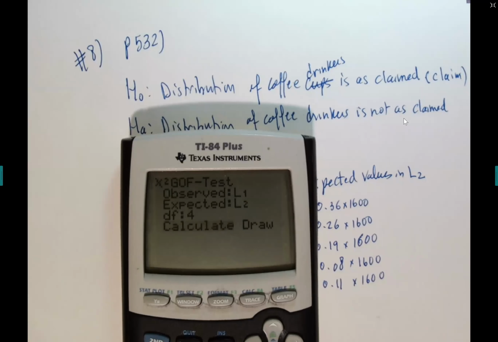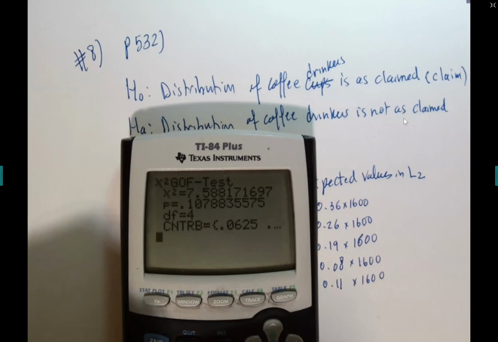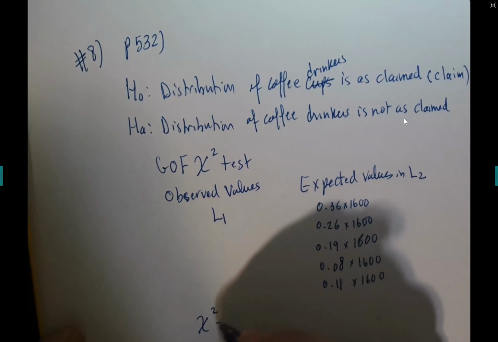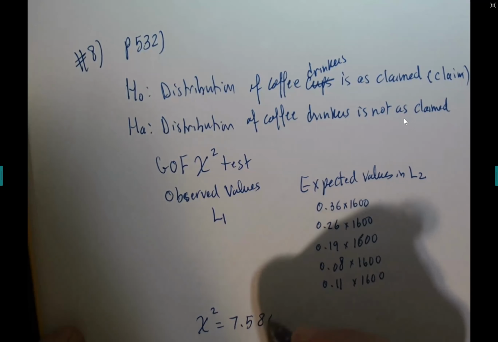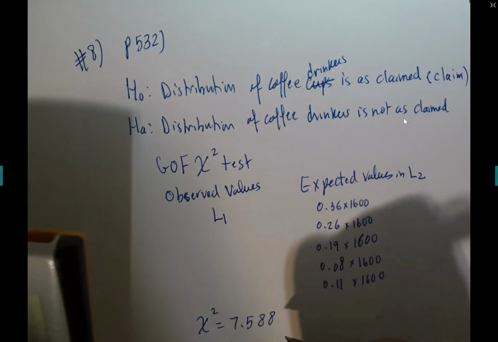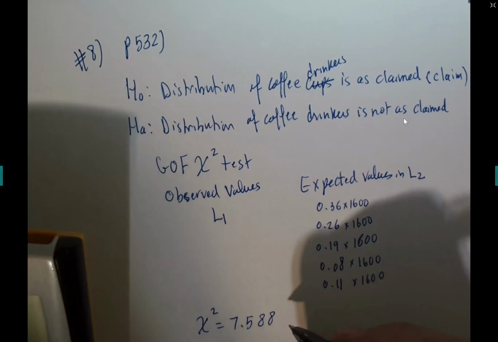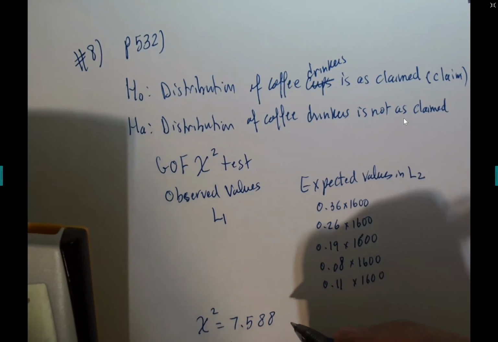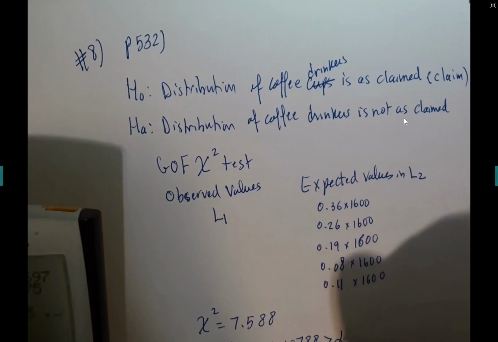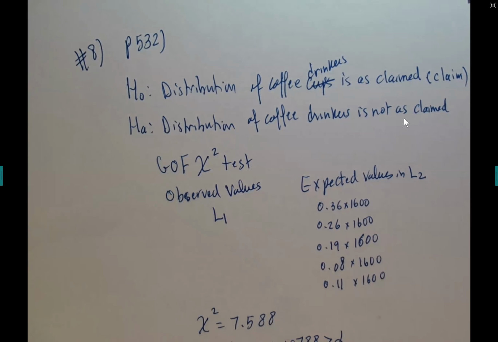And then hit calculate. And here's the test statistic, and here's the p-value. So chi-square is 7.588. And the p-value is, as you can see, guys, 0.10788, which is bigger than alpha. I think alpha was 5%, so that's bigger than alpha.